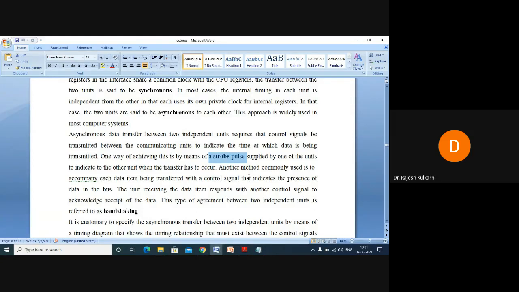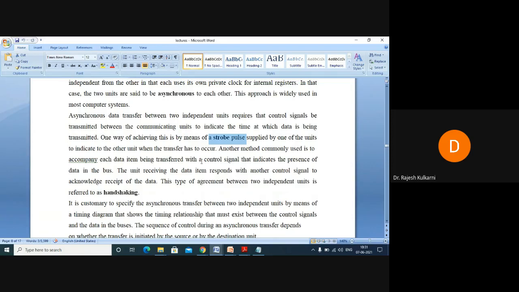Okay. Now, this is the first way of doing things. What is the first way? This asynchronous data transfer can be facilitated with the help of a strobe pulse. So I'll read it verbatim. It is supplied by one of its units to indicate to the other unit when the data transfer has to occur.